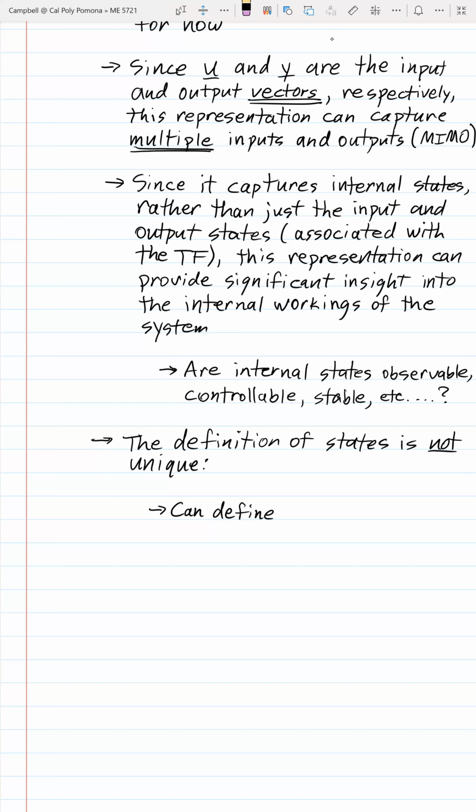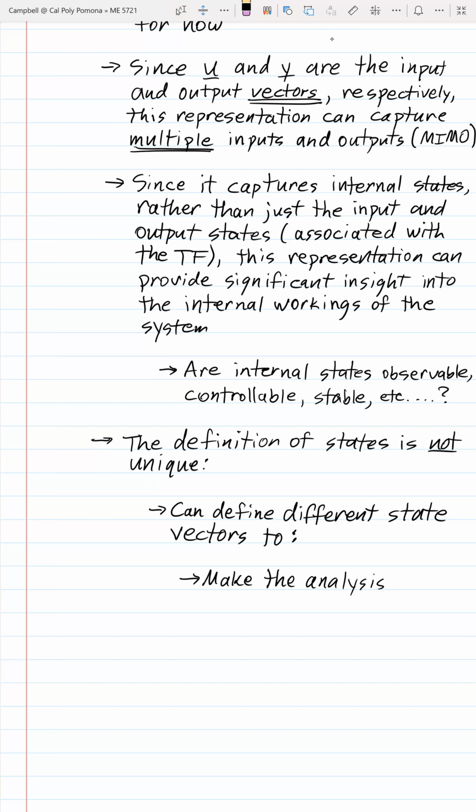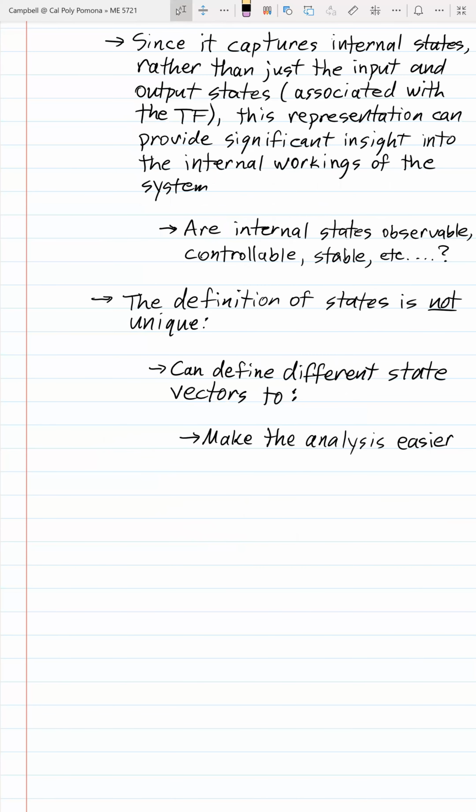So we can define different states, or different state vectors, let's just say it that way, to, of course, make the analysis easier. So if we represent it in ways that we're interested in, the overall form of the representation should be simpler.